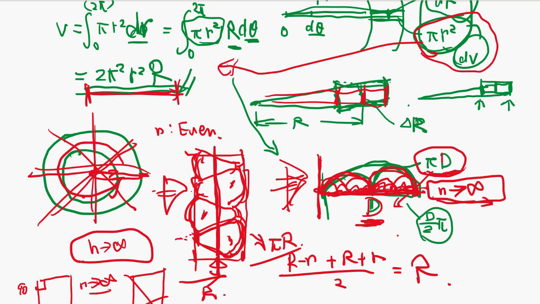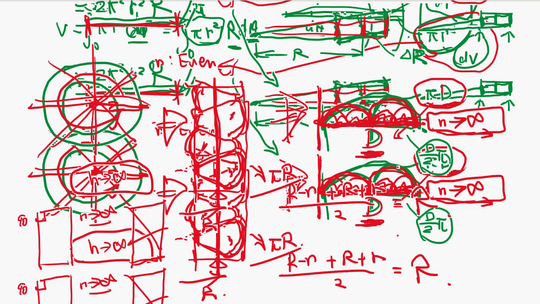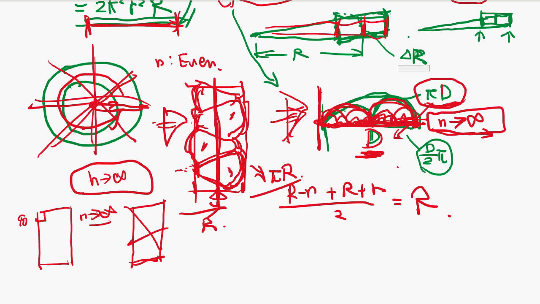Okay, so that's the way. Be a little bit careful when you claim integration. The delta r, when n goes to infinity, you integrate. It has to be justified. You cannot just claim, oh, it's going to be okay.